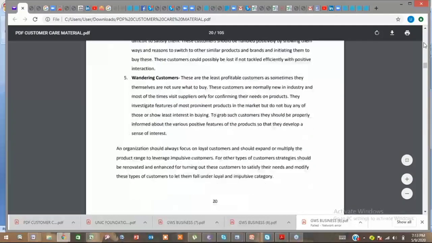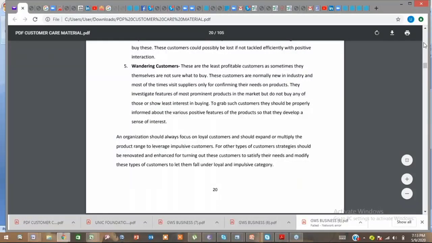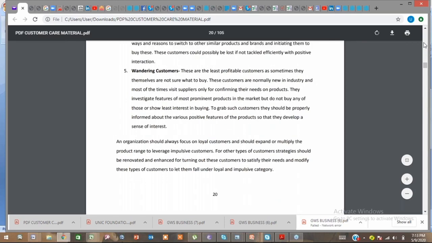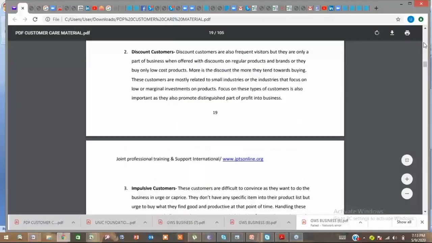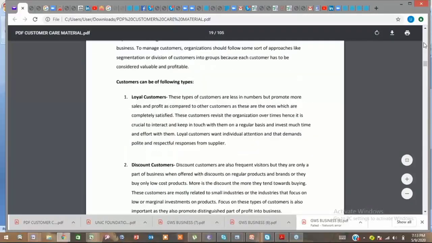Please, for anybody that attends this class, the chances of you scoring 100 is very high. My questions, I'm already telling you guys, but I'm not going to be asking you, like, "Explain, tell me the type of customers we have and explain." That is not how my question will come. If I get the chance to be the one to set this question, I will never ask you a question like, tell me the types of customers you have and explain. Never.